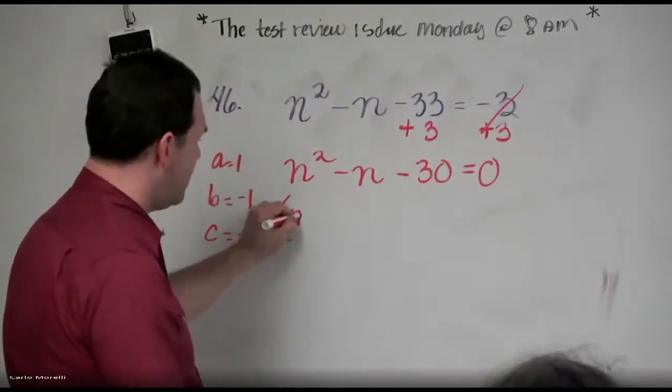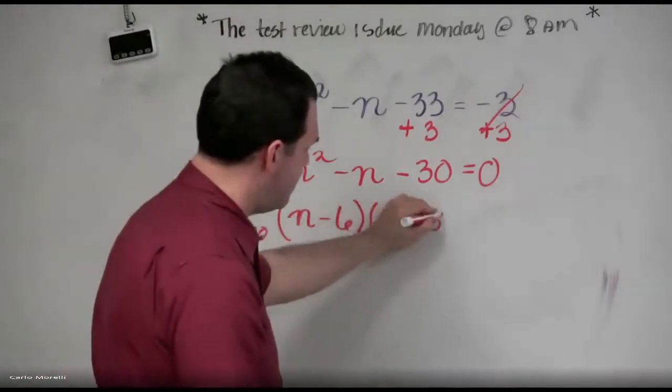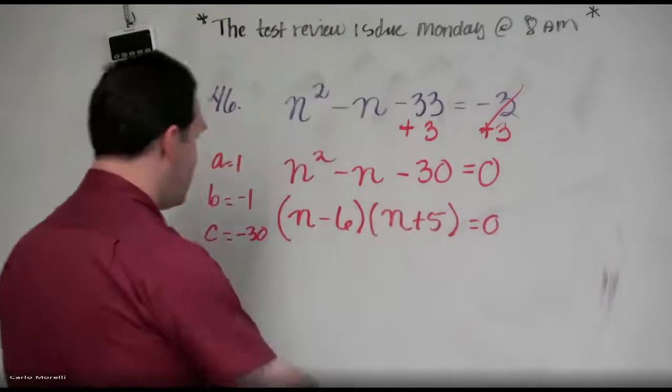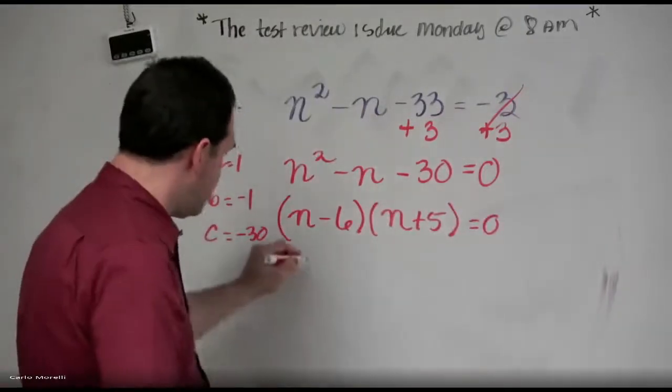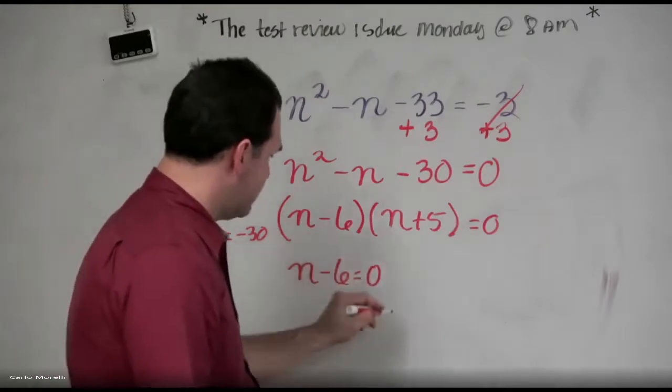So I'm going to write n minus 6 times n plus 5 equals 0. Now set each factor equal to 0 and solve for n twice, using the additive inverse.